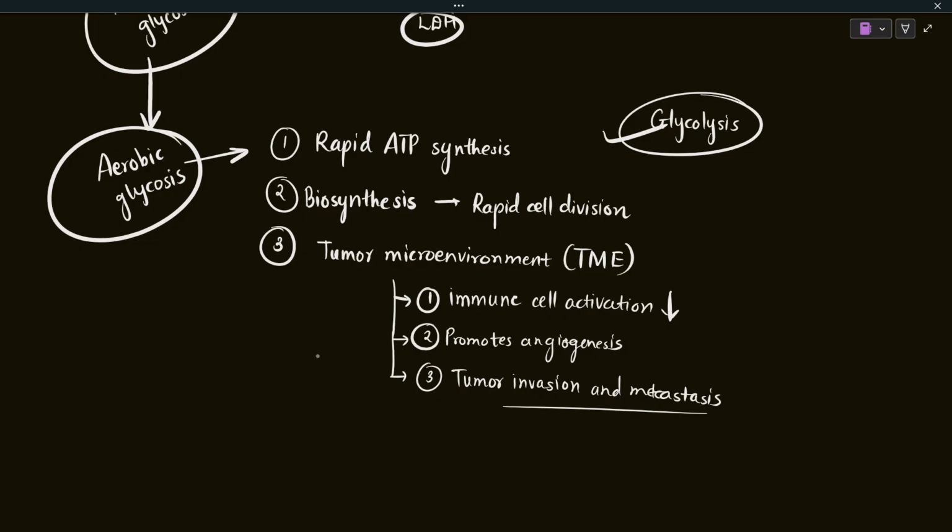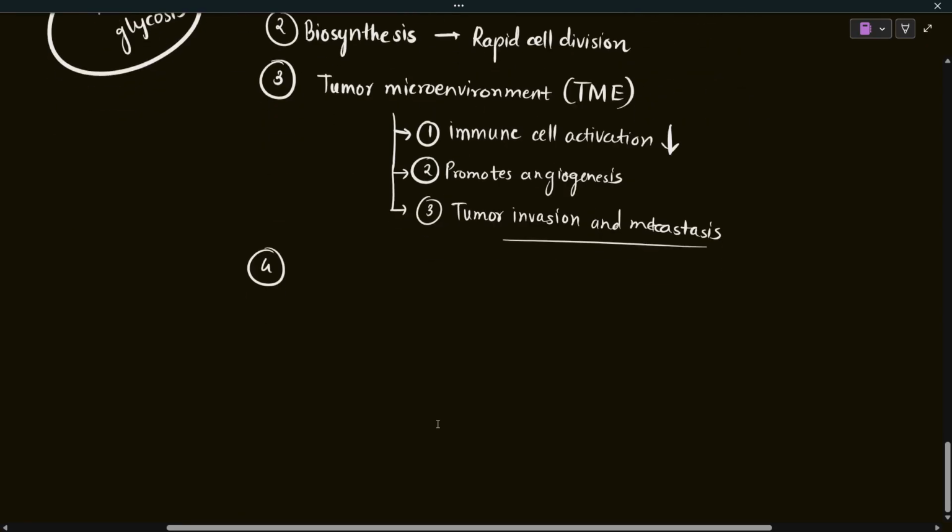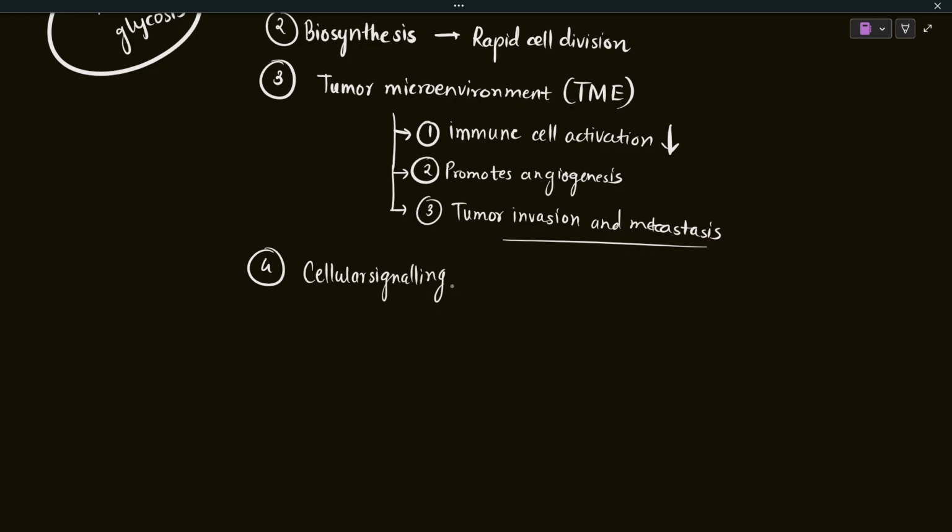The fourth proposal says that the Warburg effect, the deregulation of cellular metabolism, is done so that cellular signaling is supported, and this modulates the reactive oxygen species. The Warburg effect enhances cellular signaling, and once signaling is enhanced, the cells are able to regulate pathways in a better way, as well as modulate the reactive oxygen species, ROS.